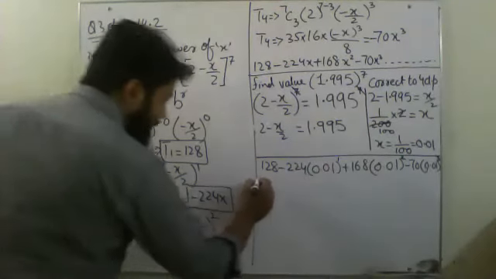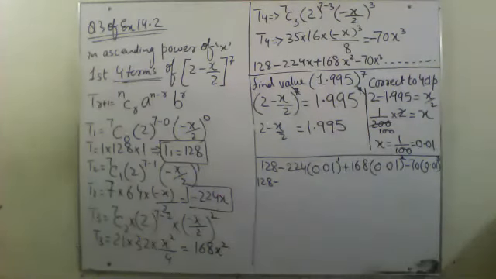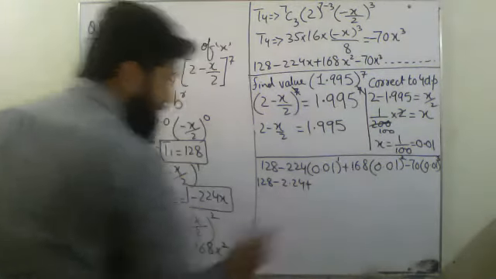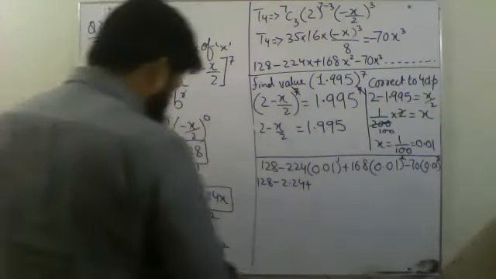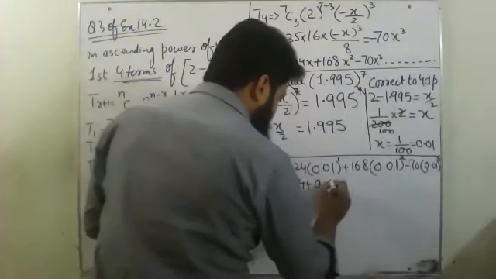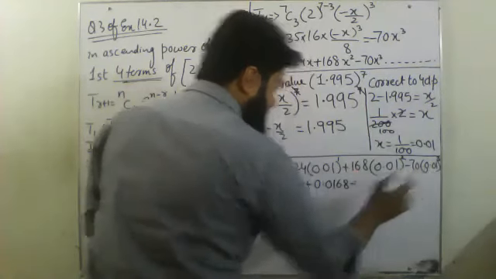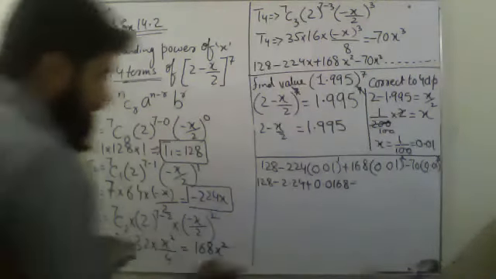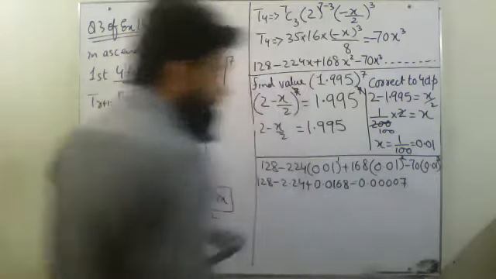Now, 128 minus, when I calculate, this is coming 2.24, plus, this is coming 0.0168, and this one is coming 0.00007.